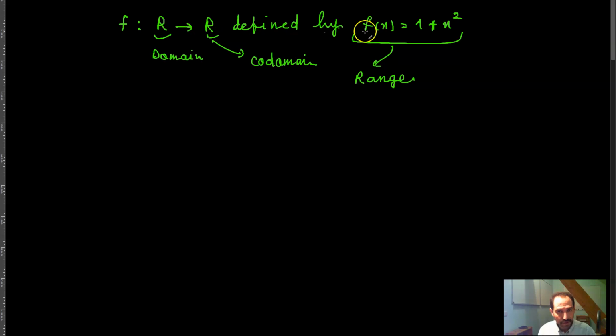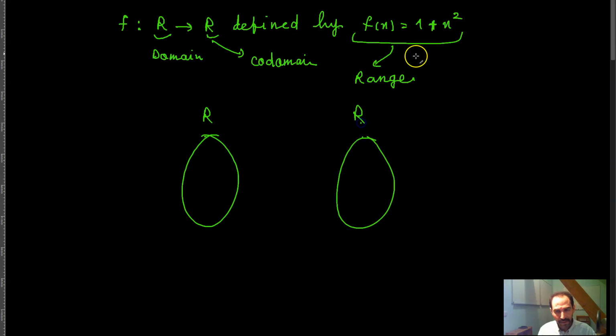Now what this function is doing for you is that it gives you a way. So for example, here the domain is the set of real numbers. The codomain is the set of real numbers. What this function is doing for you, based on some rule, it helps you to get from here, which is the domain, all the way up to here, from some element to some other element.